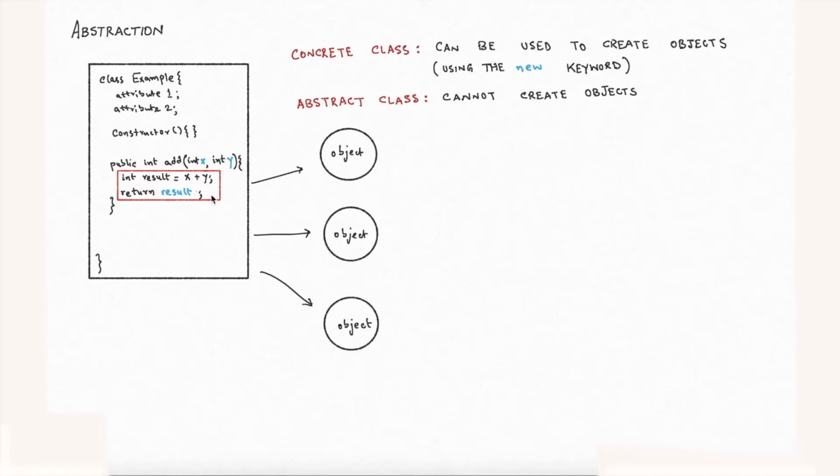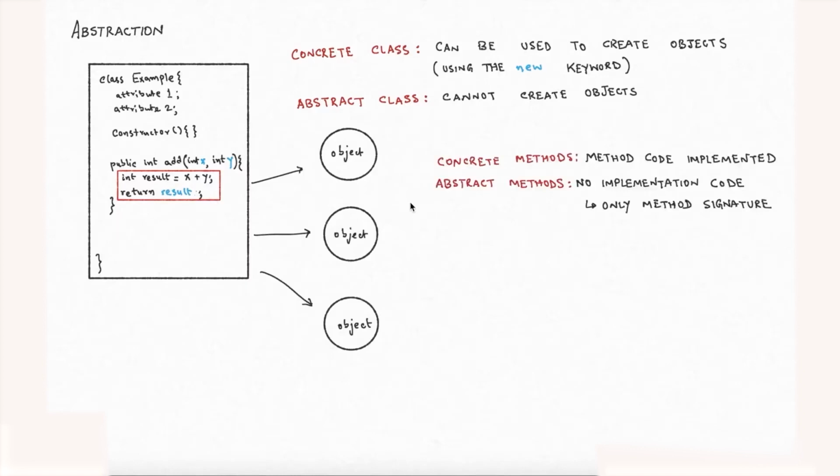So let's write some definitions. Concrete methods have method code implemented, just like we saw in this example. This code was implemented and we are actually getting a return. But abstract methods have no implementation code. For abstract methods, we only have the method signature. An abstract class can have abstract methods, and it can also have concrete methods, but this is not mandatory.